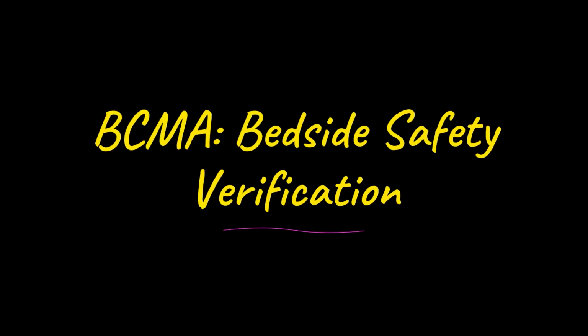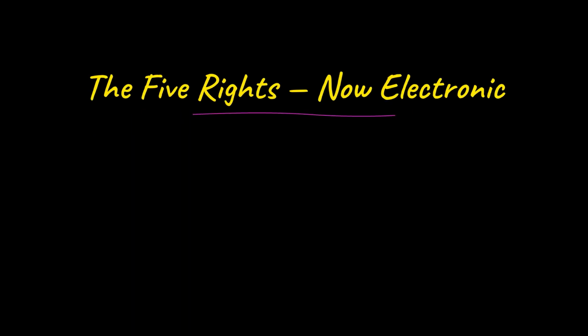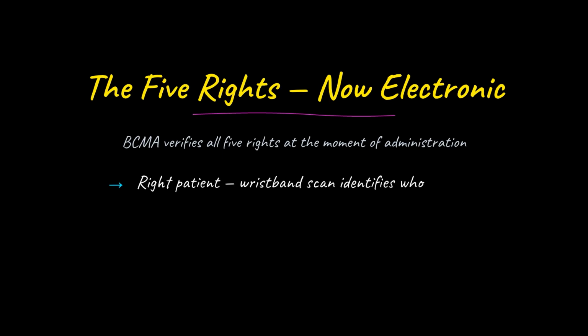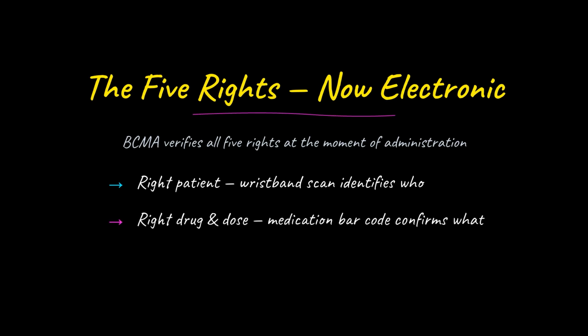Barcode medication administration, or BCMA, is the electronic safety layer that stands between a medication and the patient who receives it. It works by scanning two barcodes at the bedside, the patient's wristband and the medication itself. Traditionally, nurses relied on memory and discipline to verify the 5 rights: right patient, drug, dose, route, and time.